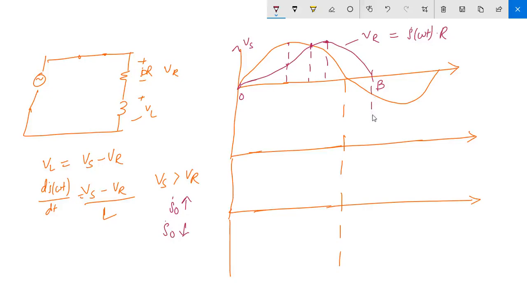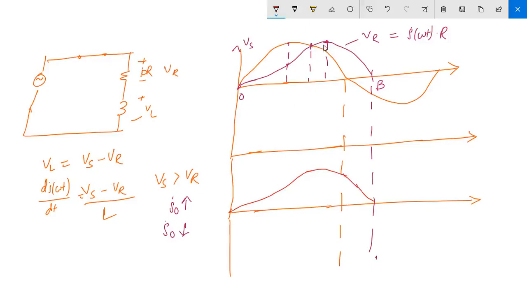So if you draw the waveform of i0, this is my i0. You will get a peak value at this point. So you will get it like this. The peak has a difference, right? And the waveform will get to zero here.